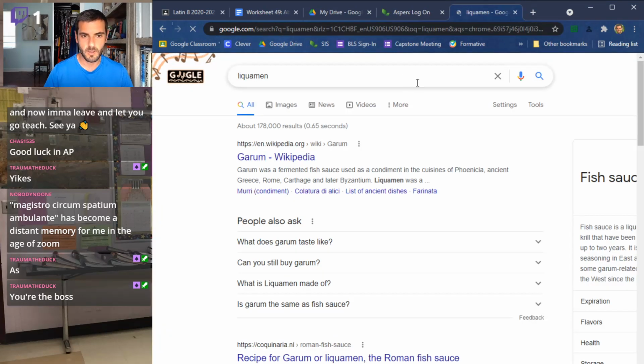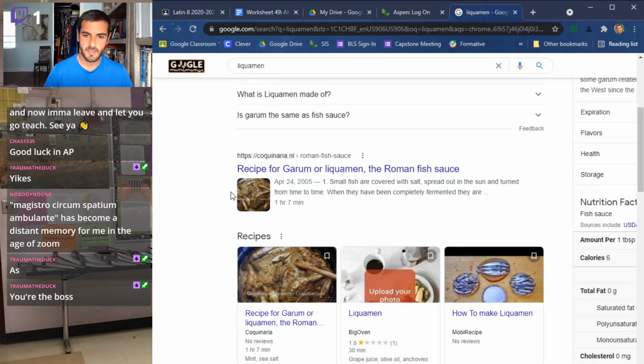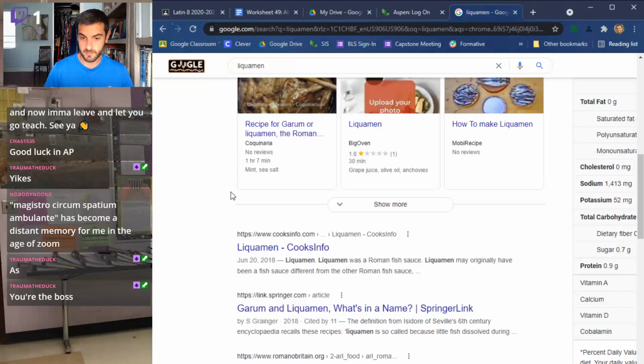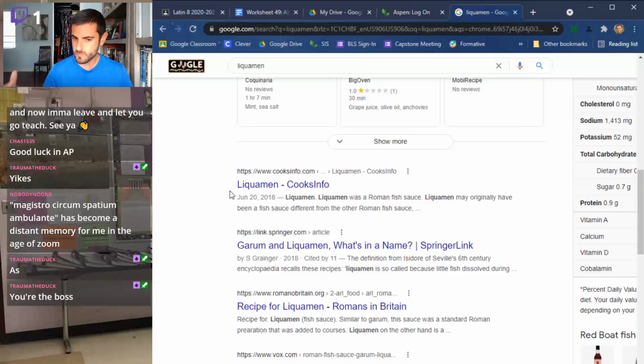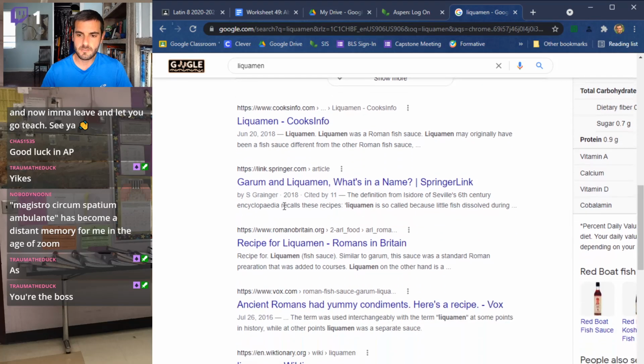And let's just see if I were to Google liquamen. What it is. So liquamen, garum is a very similar name for it, or substance. Liquamen is fish sauce, which sounds weird, but number one, Romans absolutely adored it.